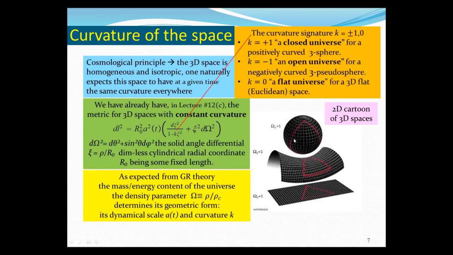A 3-sphere is represented by a two-dimensional spherical surface. For omega greater than 1, when the density is greater than critical density, we have a positively curved 3-sphere, and for density less than critical density, we have a negatively curved 3D pseudosphere, represented here by a saddle surface in the 2D cartoon. And flat space is when the density is exactly equal to critical density.